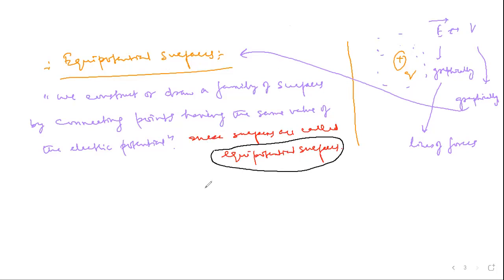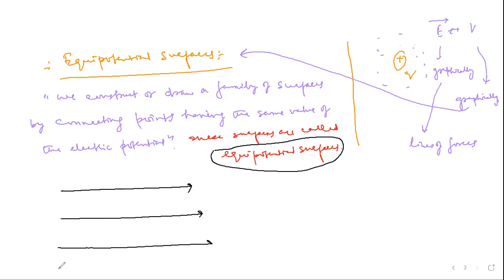Now, the shape of equipotential surfaces depends on the kind of electric field. For example, take uniform electric field. So we construct the electric lines of force for uniform electric field. It is uniform E electric field. Everywhere field strength is same and direction is also same, to the right.